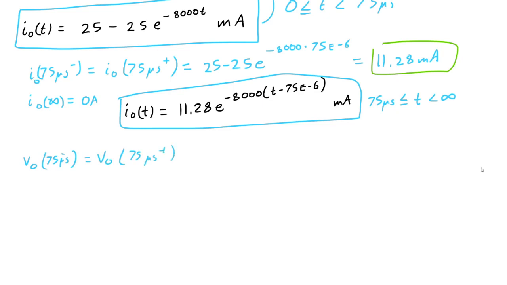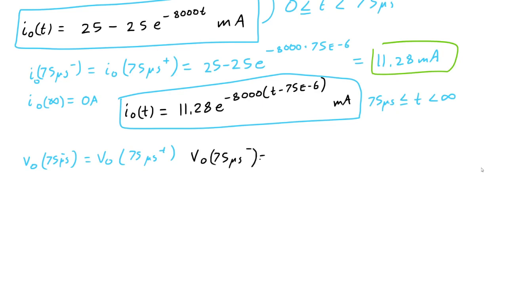We already know what it's going to be immediately before. If we want to find the initial one, we're going to do 50. Let me just go ahead and write this up.